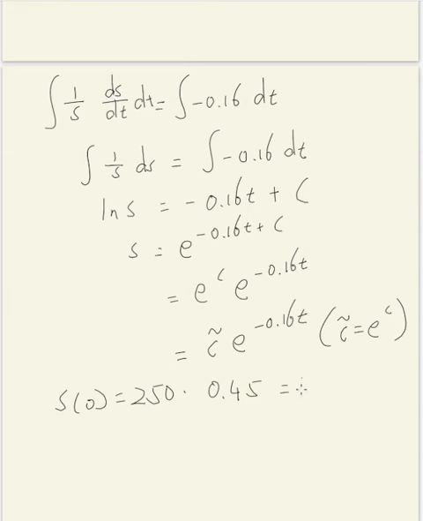And this is 112.5. So we have c tilde times e to the 0, which is just 1, equals 112.5. And we now have S of t equals 112.5 times e to the minus 0.16 t. All right.